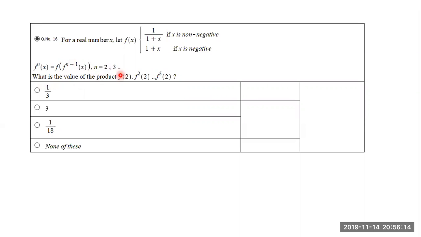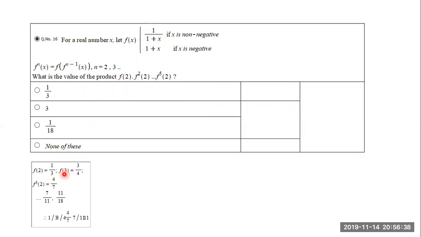What is the value of the product F2(2), F3(2) and up to F5(2) multiplication? So what we will do in this case is, we will see what is F2. F2 is 1 by 3. How are we doing it? The first one, 1 over 1 plus x. Very good, 1 over 3.